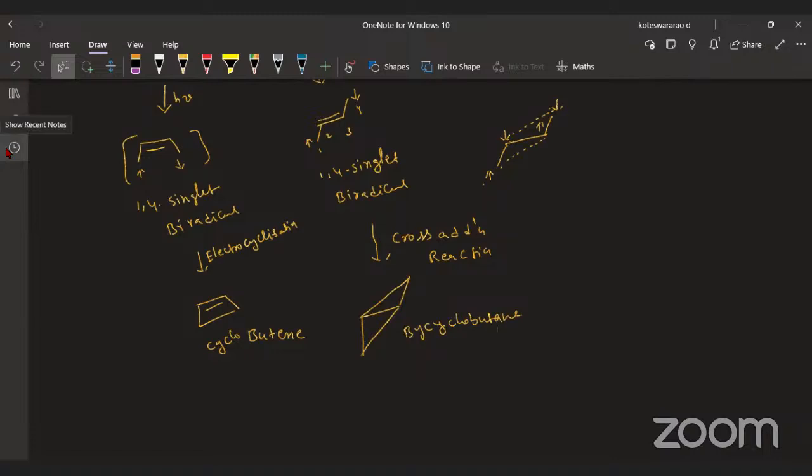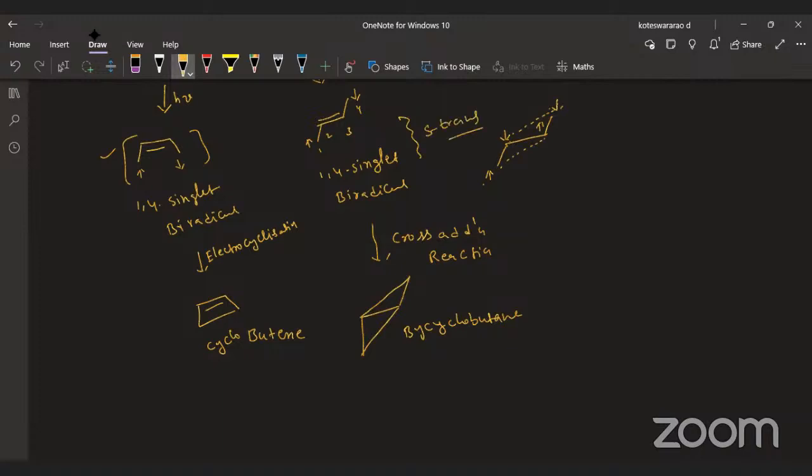It is believed that the S-cis conformer is the precursor for producing cyclobutene. Only the cis conformer can generate the cyclobutene product. Similarly, bicyclobutane can be obtained from the S-trans conformation.